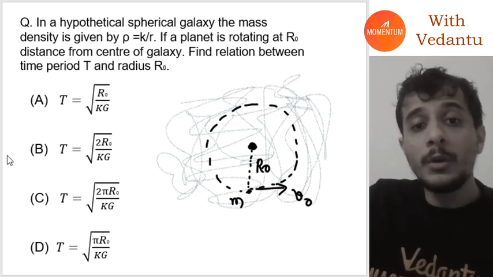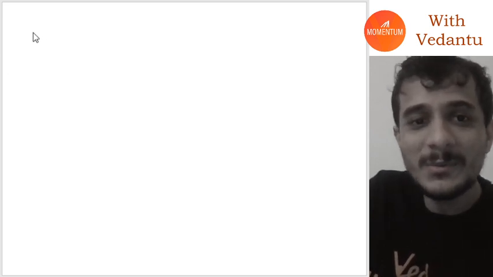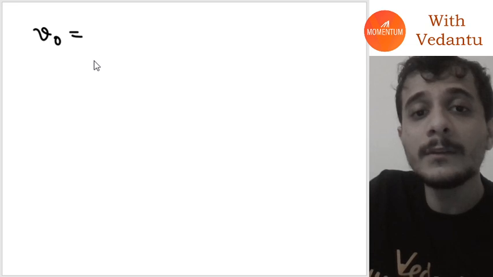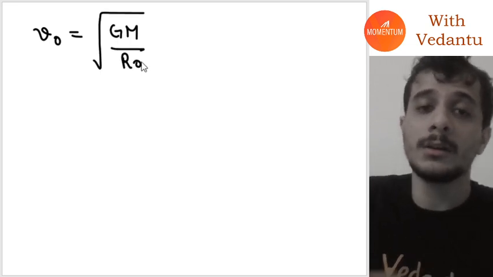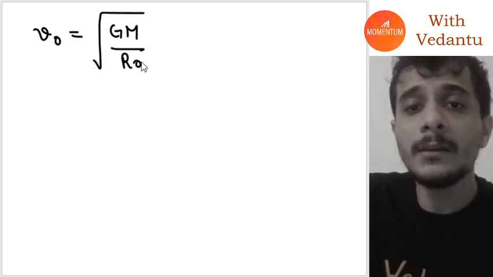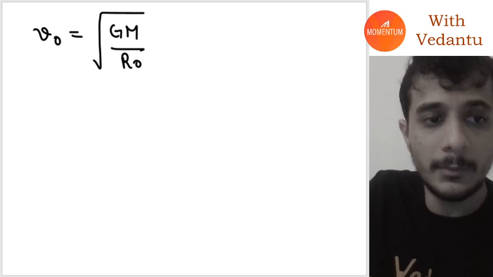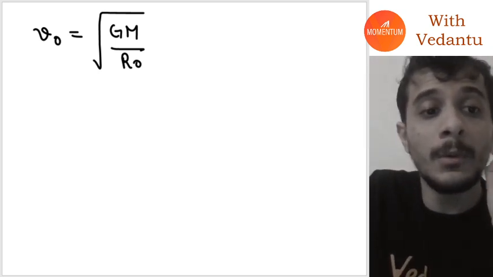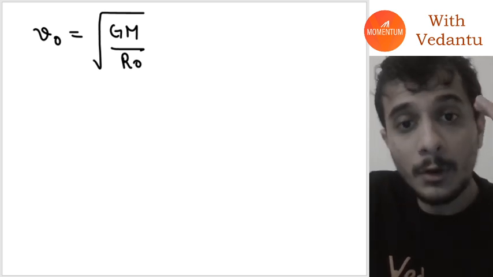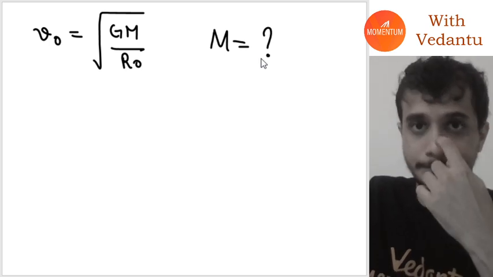Now, what you need to understand here is that we have a formula for orbital velocity. Do you know the formula for orbital velocity? The formula for orbital velocity is under root GM by r naught. It's a very simple formula. But in order to calculate this orbital velocity, you need to calculate the value of mass.